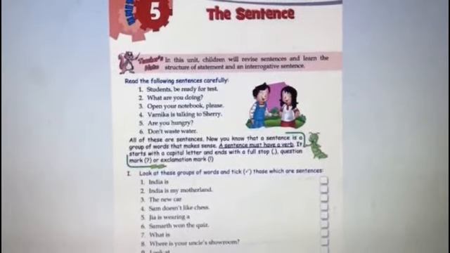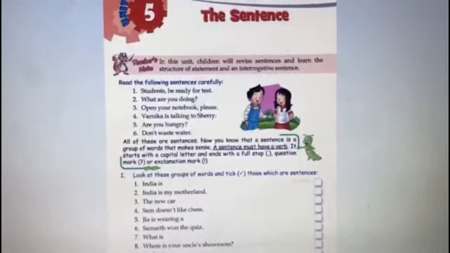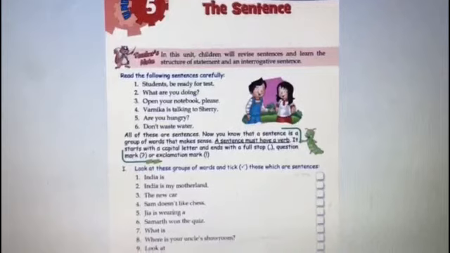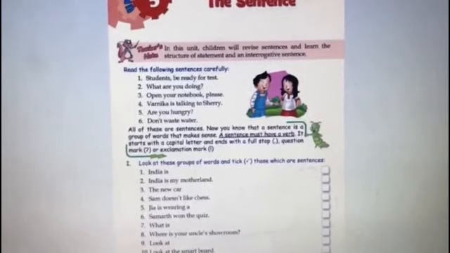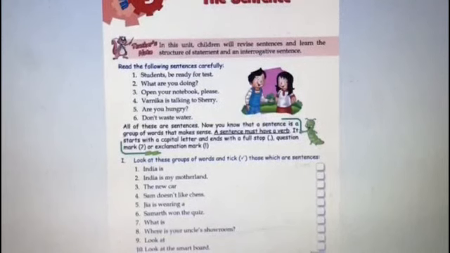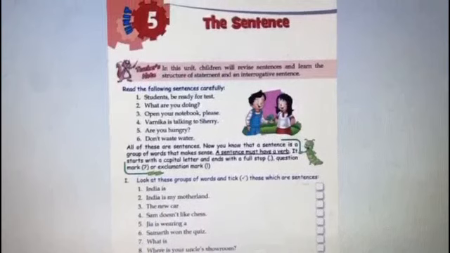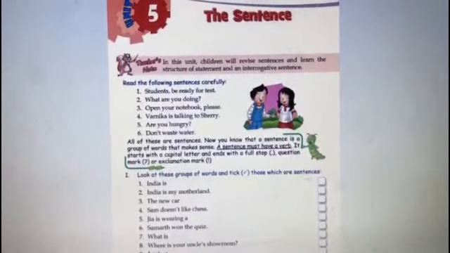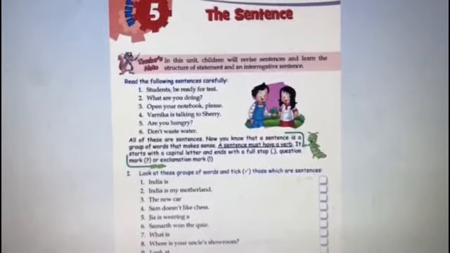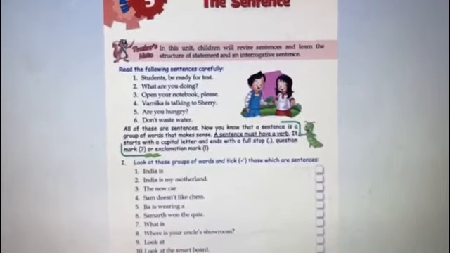Okay. All of these are sentences. Now you know that a sentence is a group of words that makes sense. A sentence must have a verb. In class 2, you must have learnt what is a verb. Verb is a word which does action. यानी verb क्या है?